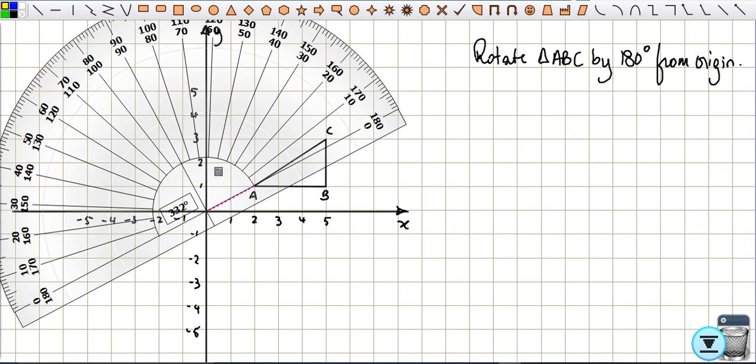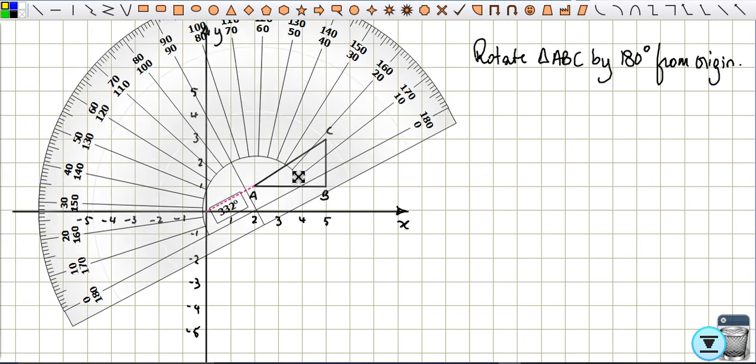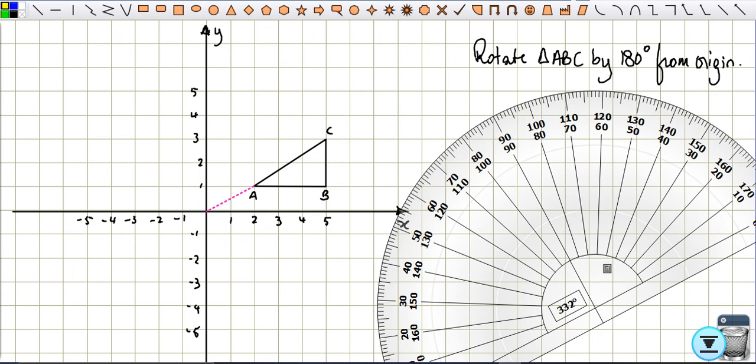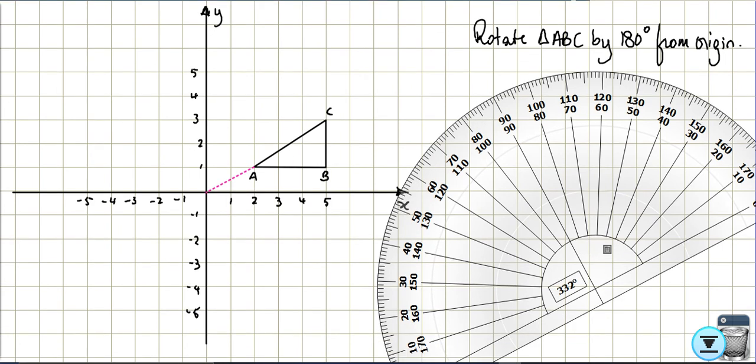As we can see, A is going to be rotated now by a whole 180 degrees. So if A is on 2, 1, rotated by 180 degrees, it comes on minus 2, minus 1. So let me write it down. A is minus 2, minus 1.